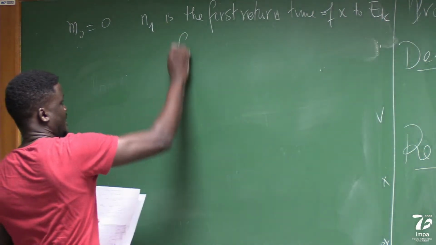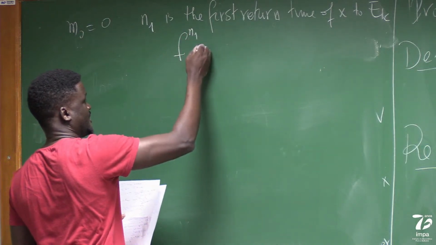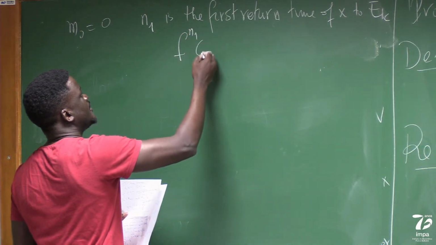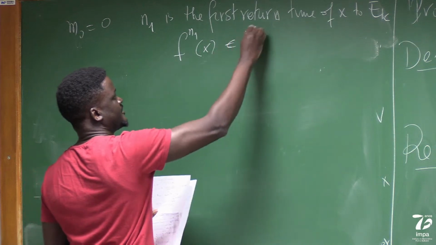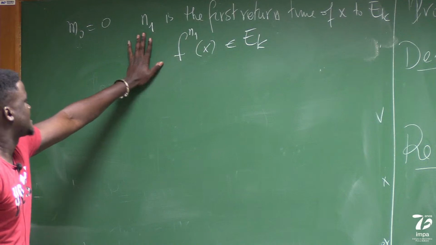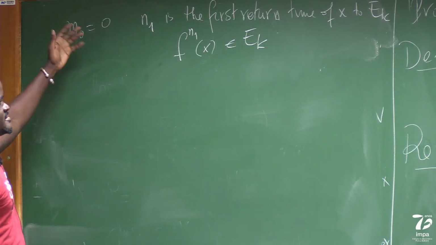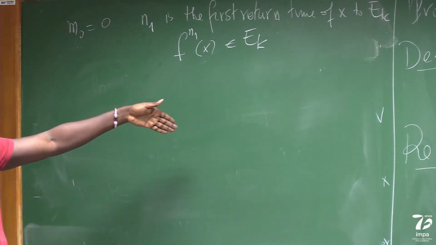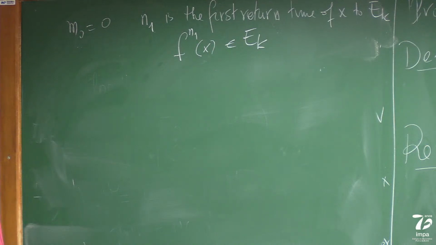That means that f^N1 of x is in E_K. So see that N1 can be 0 if the point was already in E_K. Okay?